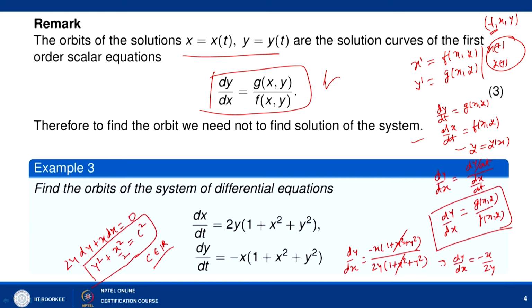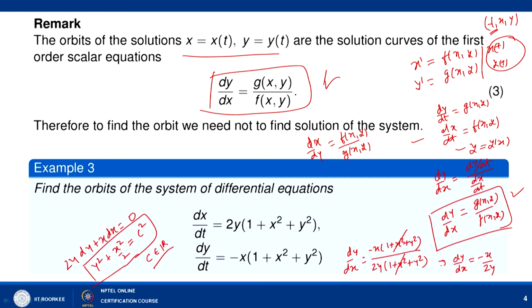Similarly, in place of this I can consider dx/dy = f(x, y)/g(x, y). So here we are assuming that g(x, y) is non-zero. If we find the orbit by dy/dx = g/f, we assume that f is non-zero, and if we use dx/dy = f/g, we assume that g is also non-zero.